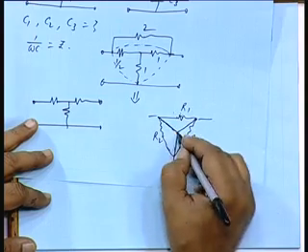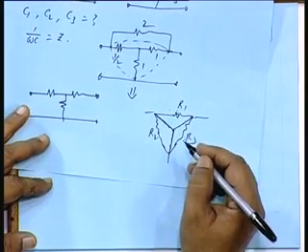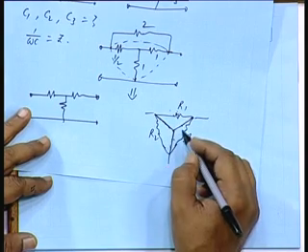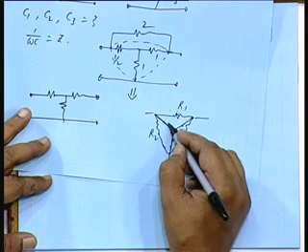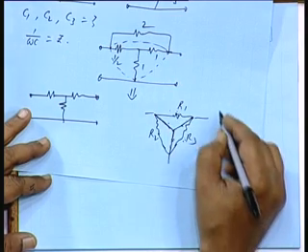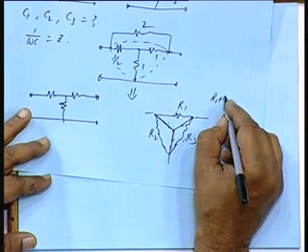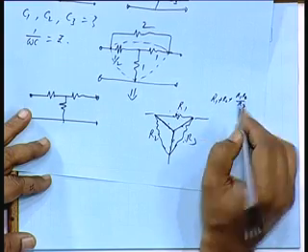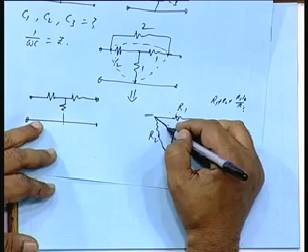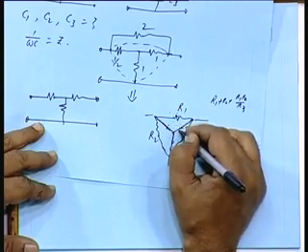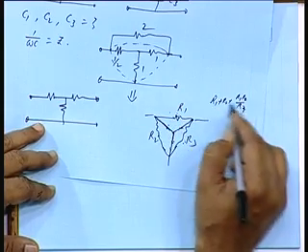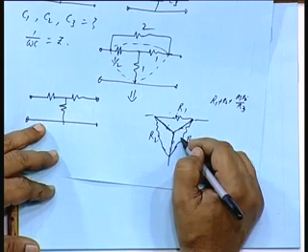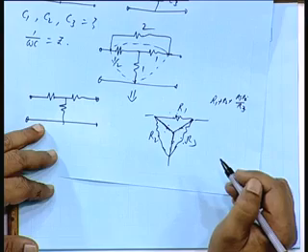From star to delta, so what should I take? This one plus this one plus this into this divided by this. It is like R1 plus R2 plus R1 R2 by R3. That means, you take the product of 2 at a time and then their sum, R1 R3, R2 R3 plus R1 R2, and then divide by the element that will come opposite to this.